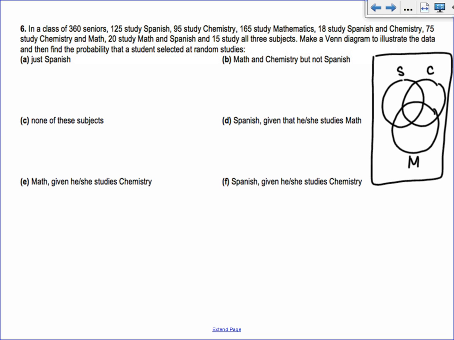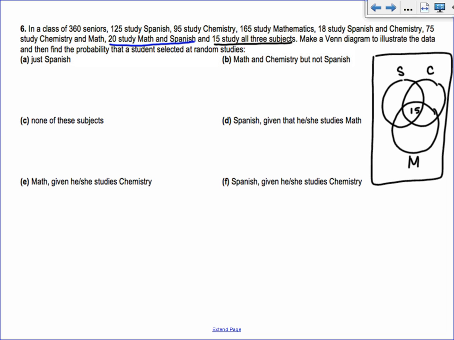We're going to fill in some different numbers. The key to doing a Venn is to always start in the middle. If we can find that number in the middle, then we're good. We said 15 study all 3 subjects. So we have 15 right in the middle. Now we're going to work our way backwards. 20 study math and Spanish.